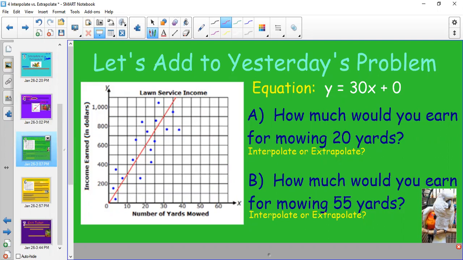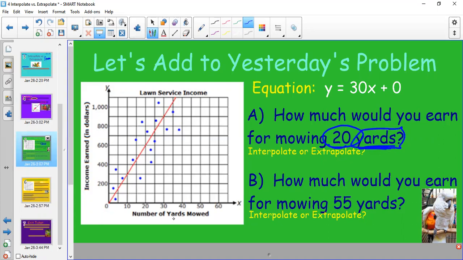Okay, so yesterday we made a line of best fit. We said what the slope was, we said what the y-intercept was, we explained it all. But now we're going to use our line of best fit to make predictions. It says 20 yards. Notice these labels are very important.